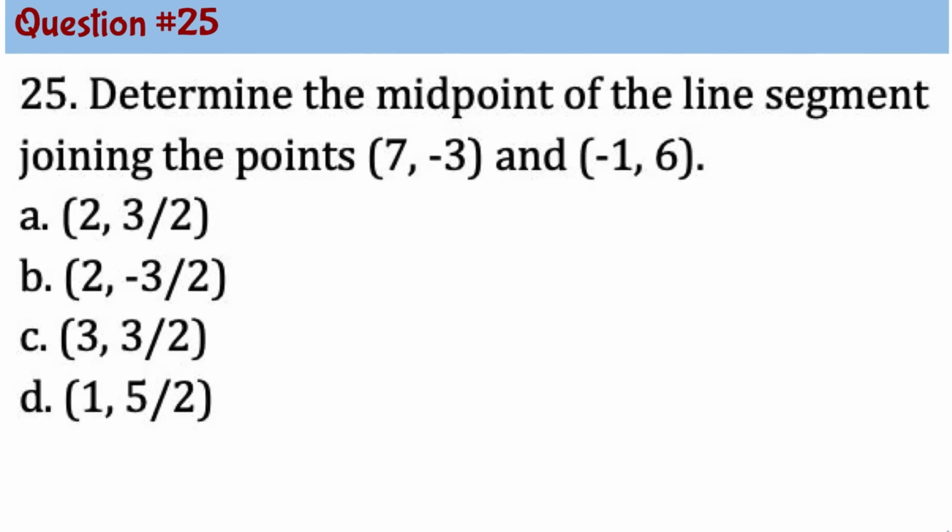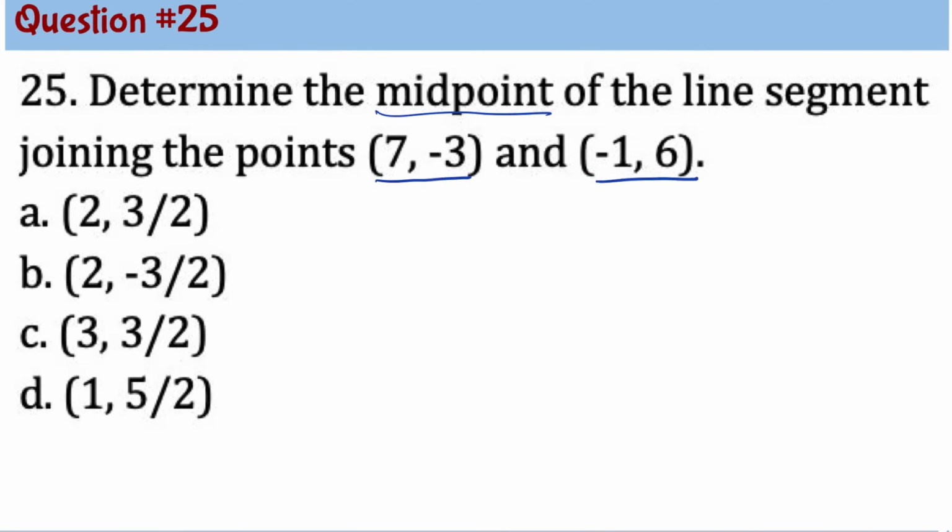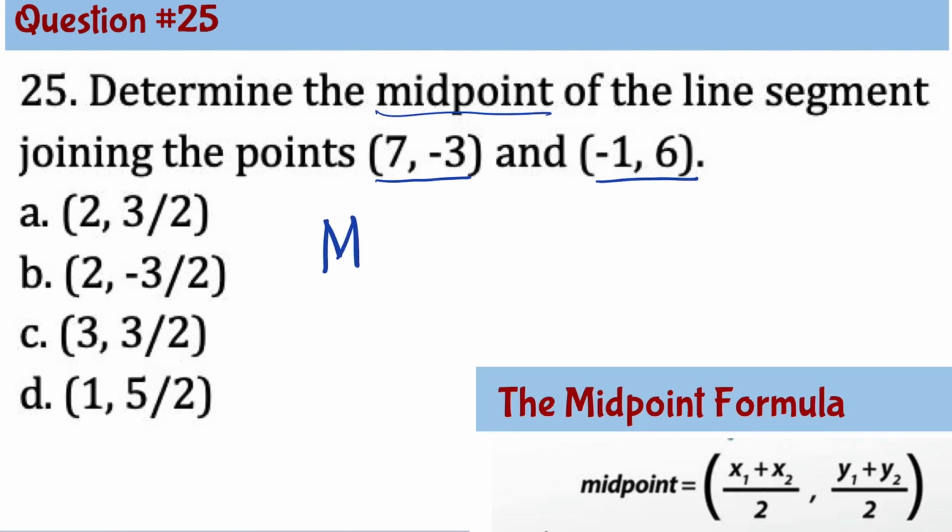Question number 25. Determine the midpoint of the line segment joining the points 7, -3 and -1, 6. So this problem is asking to calculate for the midpoint. And to calculate for the midpoint, we need to first get the average of the x values.